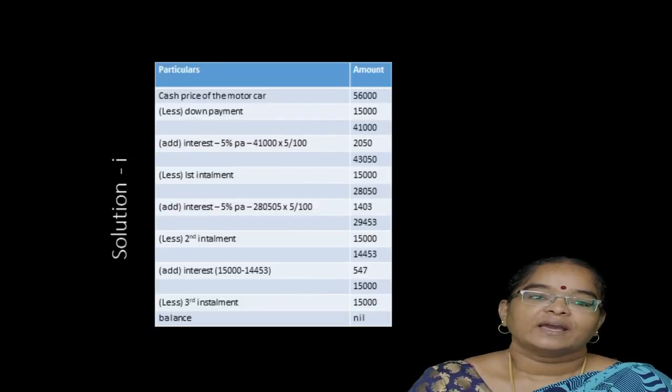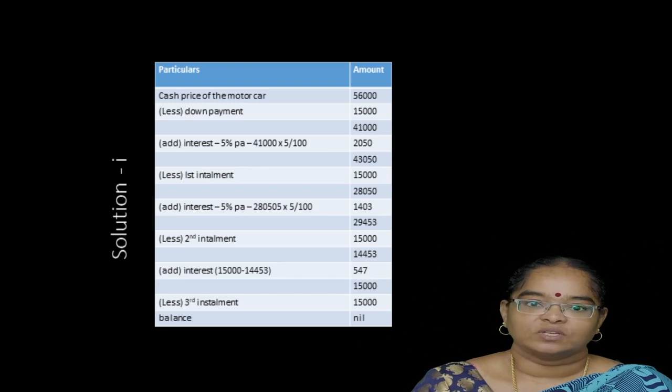First one, cash price of the machine is 56,000. You take it at the initial stage and you have to subtract the down payment which is paid at the time of entering into the agreement. The down payment amount is rupees 15,000. It is subtracted, so the remaining balance at the end of the first year is 41,000. The hire purchaser has to pay interest on 41,000.